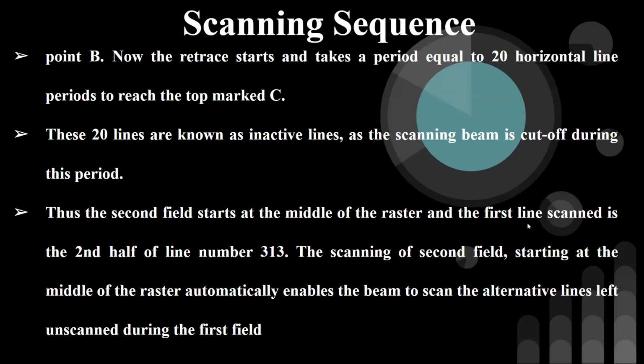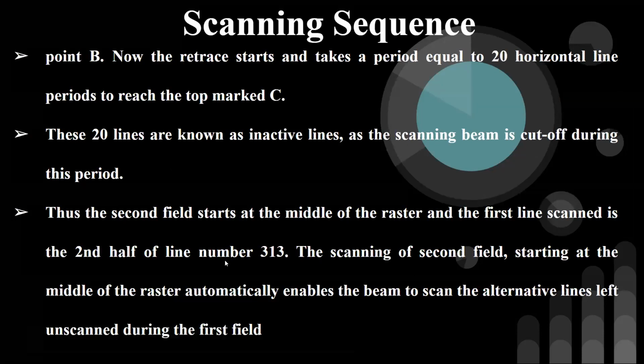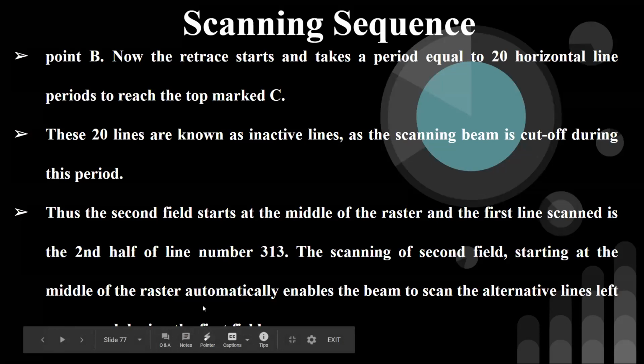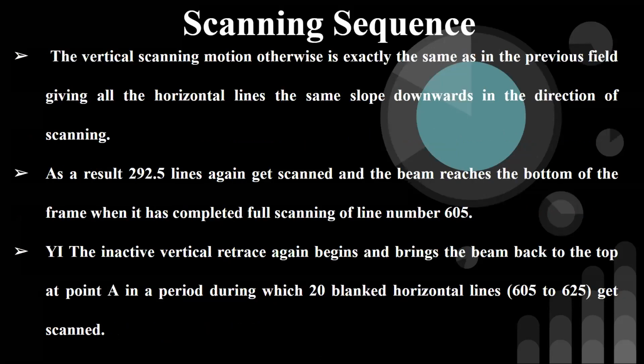The first line scanned is the second half of line 313. So the scanning of the field starting at the middle of the raster automatically enables the beam to scan the alternate lines left unscanned during the first field.